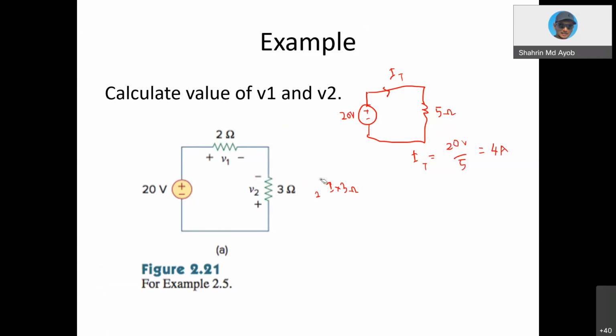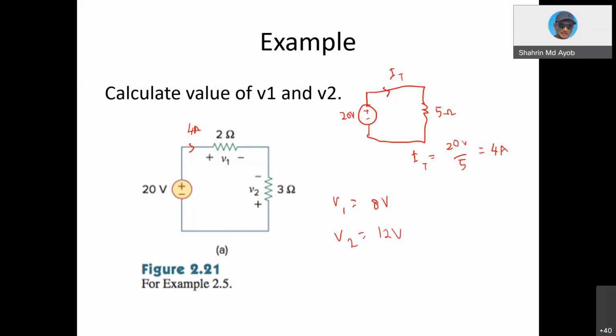Right now the current is 4 ampere. Then you can write down your V1, 4 multiplied with 2 is 8 volts, right? And V2 is 4 multiplied with 3 ohm is 12 volts.